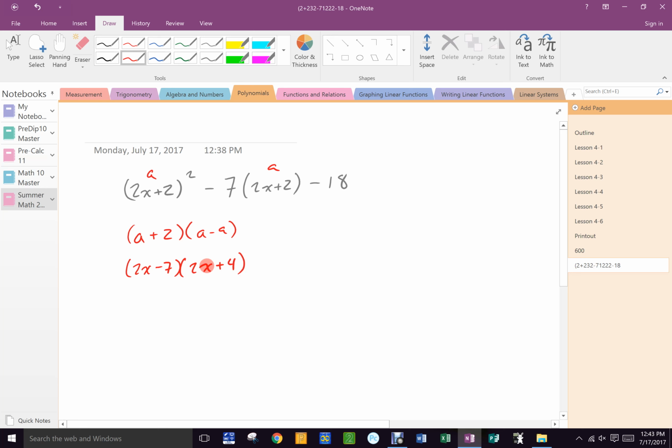Would you? Look close. Where, Shireen? 2x and 4, right? So 2x minus 7. What comes out of there? 2. What stayed in there? X plus 2.